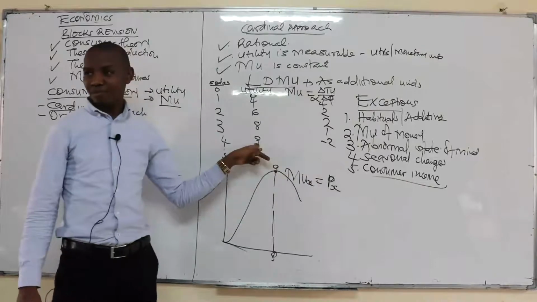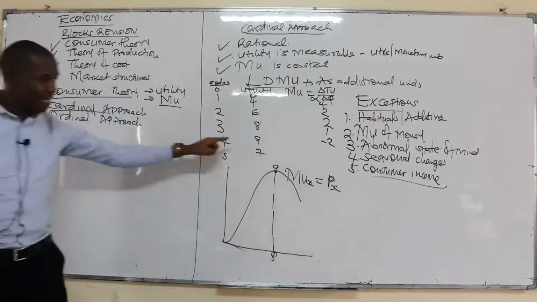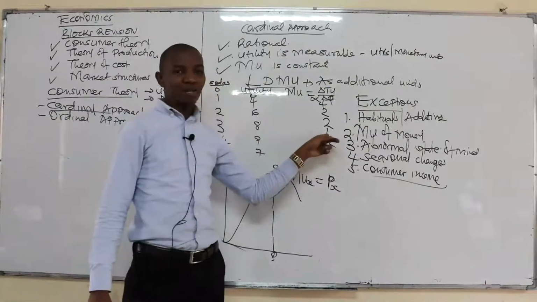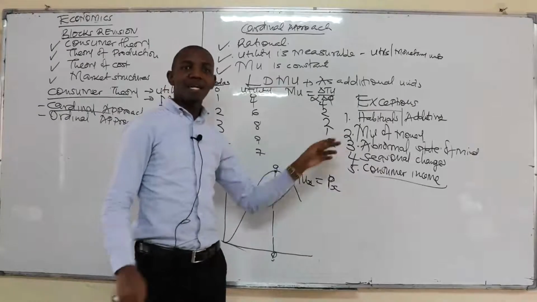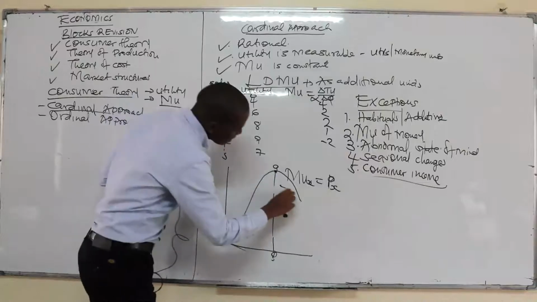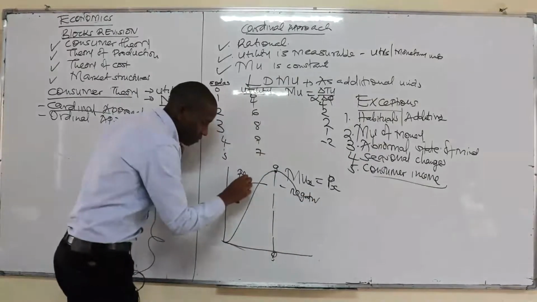After the maximum, this is the maximum utility which is 9. Tuko pamoja? So ukiangalia hapa ilikuwa 1. Sawa sawa. But now when inaanza kuwa negative, because from here, this is the side that we are talking about it being negative. This is positive.